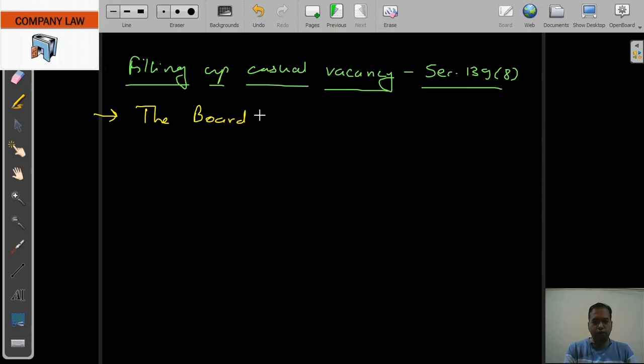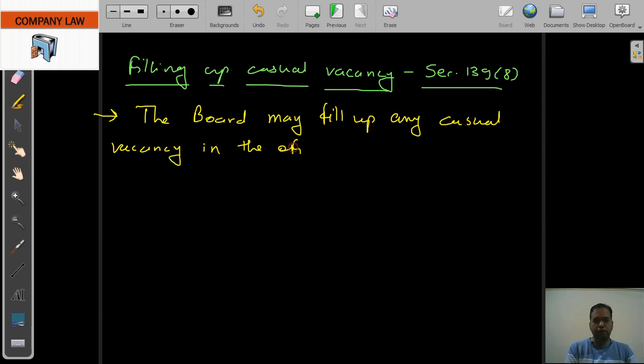The board may fill up any casual vacancy in the office of an auditor within 30 days.